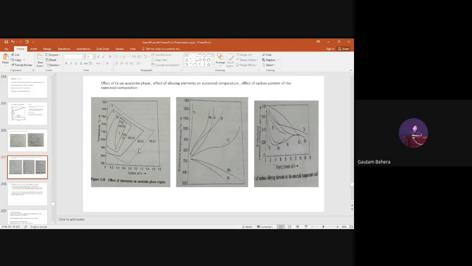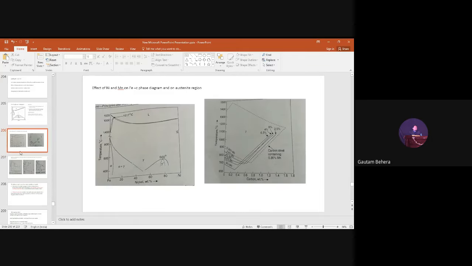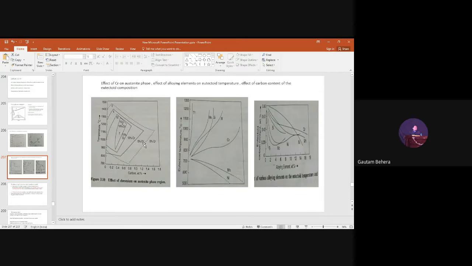So the conclusion is simple. Chromium is a ferrite stabilizer. It stabilizes the ferrite. It increases the region of alpha, or the region of BCC, but it destabilizes the gamma phase. It destabilizes the austenite phase, right? So that's what happens with increasing percentage of chromium, 5 to 12 to 15 to 19.